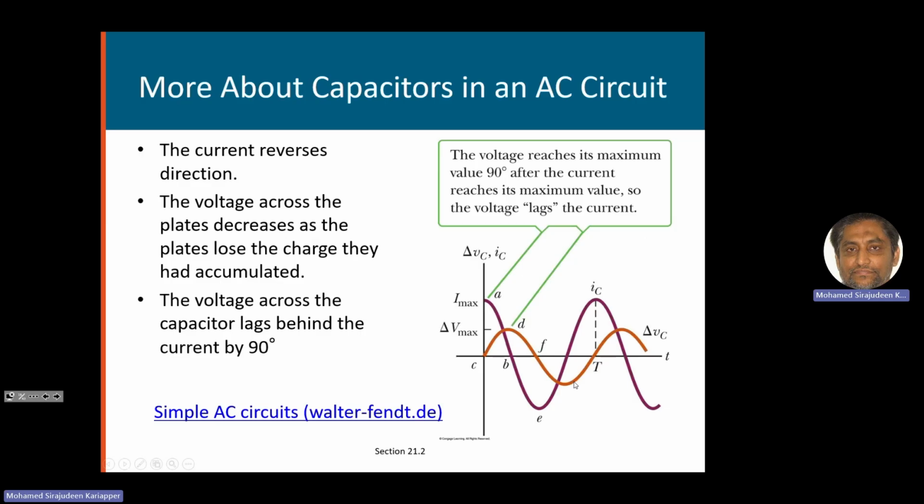So if you look at the graph, this is what we see. The maroon color is the voltage. So when the voltage is 0, the current is maximum. When the voltage is maximum, the current is 0. So they are out of phase, not in phase.